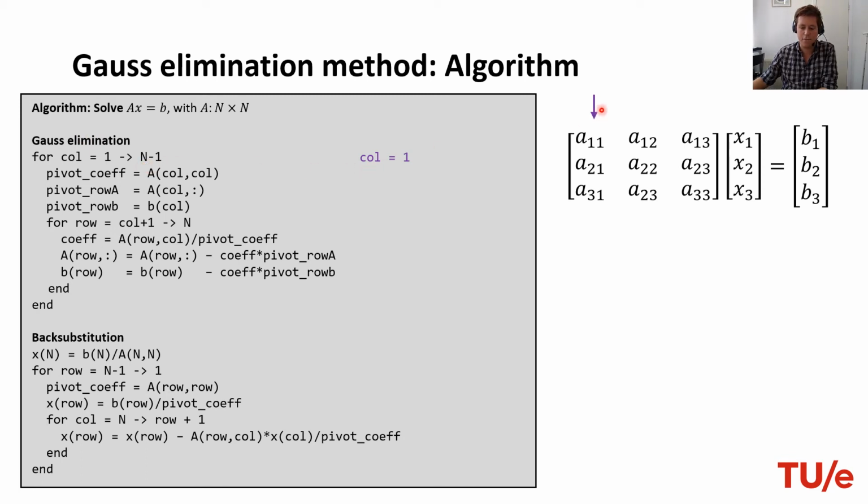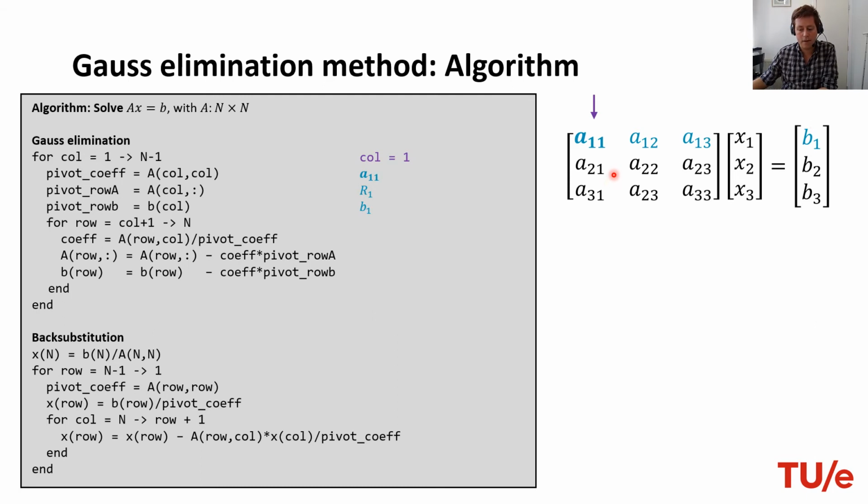In this case, this will be columns 1 and 2. So we start with column 1, and then the pivot coefficient is A11. The pivot row of A will be simply these blue elements over here. That's R1, as we call it here. And then the pivot row of B will be this coefficient B1.